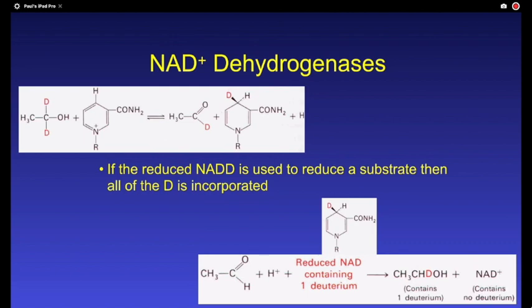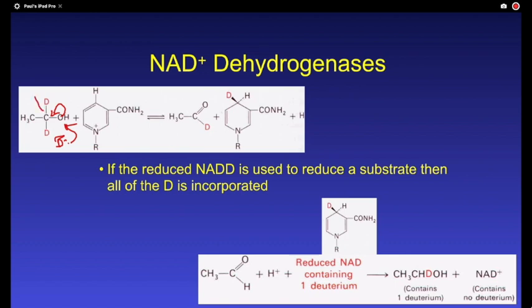Now, one thing about the NAD plus dehydrogenase, I did show you this reaction in which the hydride comes in. And in this case, we did a little kind of experiment, and we are going to do a redox reaction. The base will take this proton because that's more acidic. The electrons will fall in, and in this case, what is D?